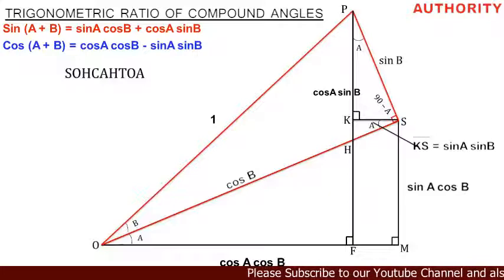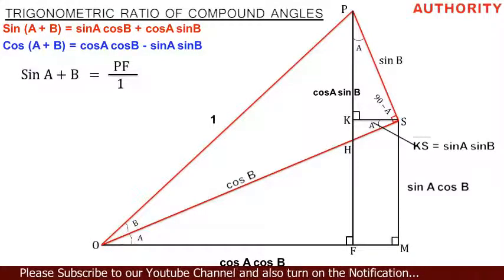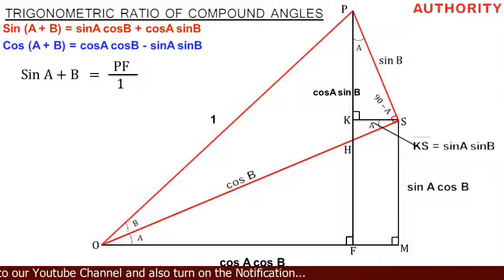We have the opposite side to be PF. Sin A plus B is equal to the opposite, PF, all over hypotenuse. Our hypotenuse is 1. So we have sin A plus B is equal to PF all over 1.